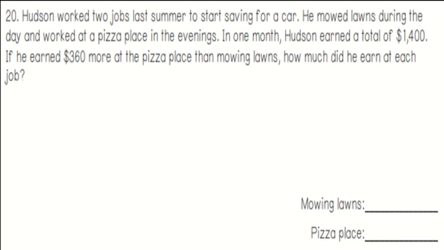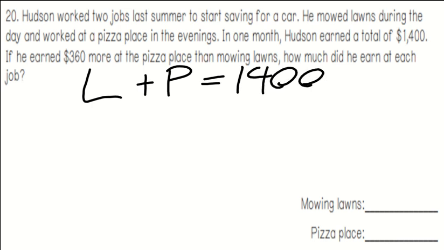We got mowing lawns, pizza place. So I'll put L for the lawns, P for pizza. So we got L for the lawns plus the P for the pizza place, $1,400. All right, so there's my first equation.